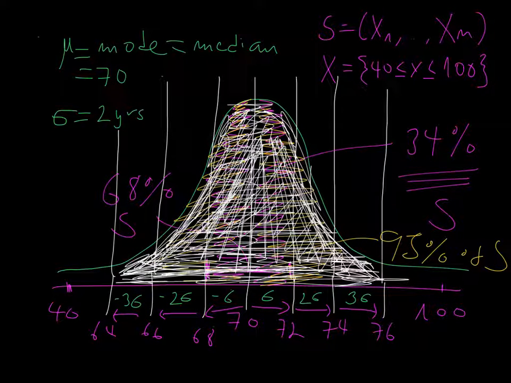The key here is that these percentages are equal and they are constant for all normally distributed data sets. So that means for all normally distributed data sets, within the first standard deviation, plus and minus, we will cover 68% of our data from that data set. Within 2 full standard deviations, we will cover 95%. And within 3 full standard deviations, we will cover 99.7%.